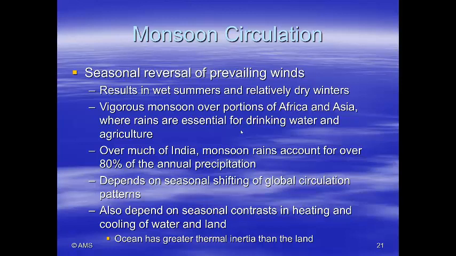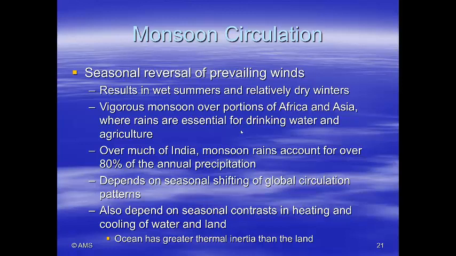This isn't true for places like India. What we see is that we get these seasonal reversals of prevailing winds. And this results in wet summers and relatively dry winters. So we see vigorous monsoons over portions of Africa and Asia where the rains are essential for drinking water and agriculture.